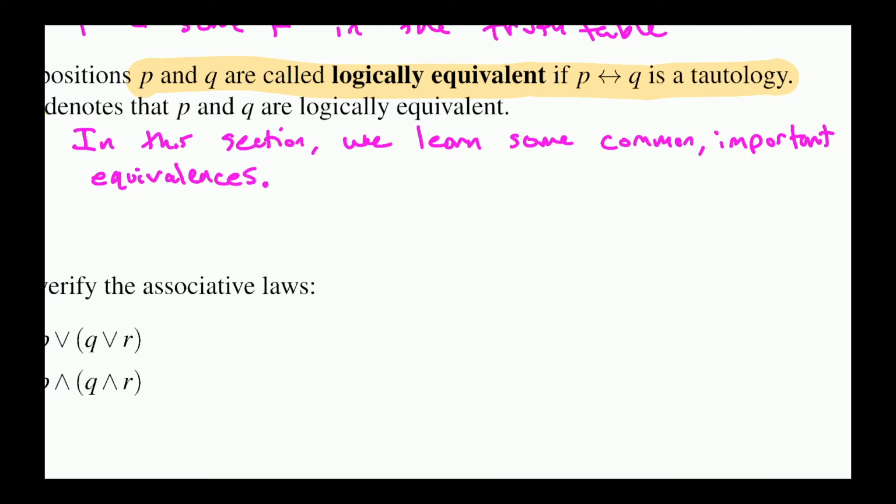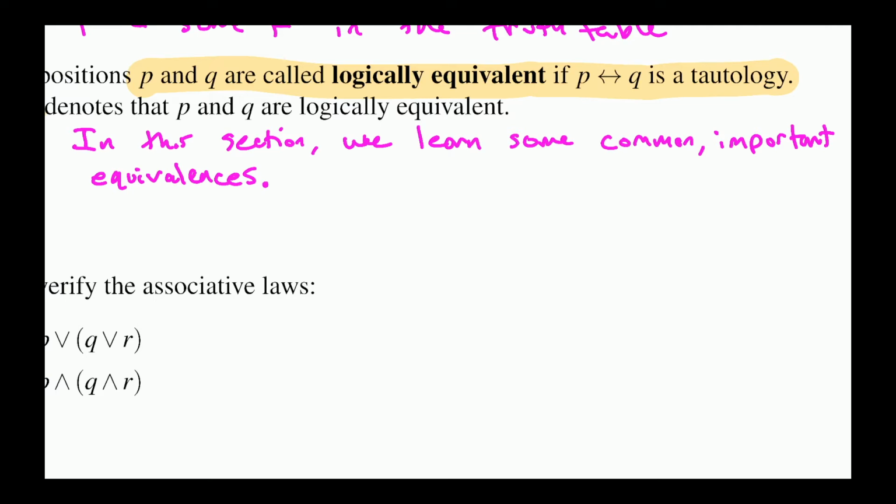Now, why would we want to learn some equivalences? The idea is that if you have a logical statement and you want to be able to manipulate it, you know how to manipulate and simplify things with algebra. Well, we want to be able to simplify logical expressions the way we do algebraic expressions. And in order to do that, we need some rules, and the way you simplify them is with logical equivalences.